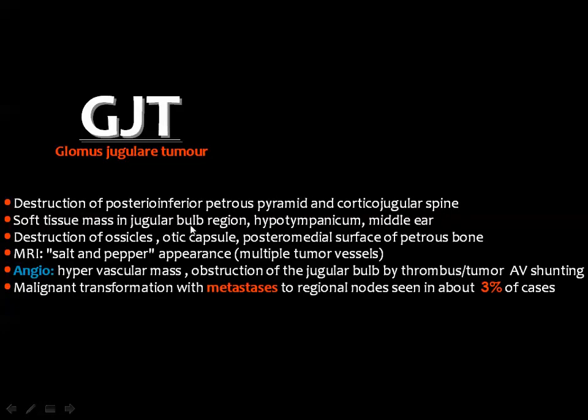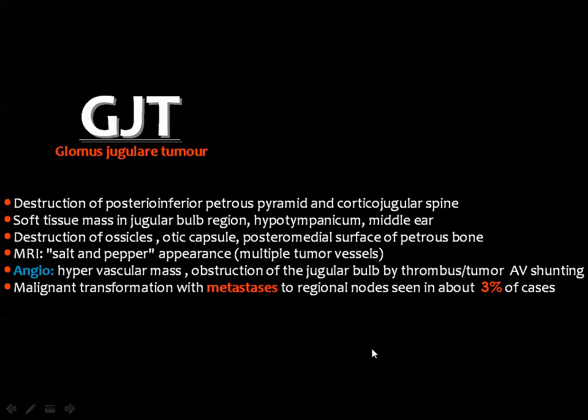The glomus tumor will result in destruction of the petrous pyramid with soft tissue mass in relation to the jugular bulb that may extend into the hypotympanum as well as the middle ear cleft. The mass may be associated with destruction of the ossicles, the otic capsule, and the posteromedial surface of the petrous bone.